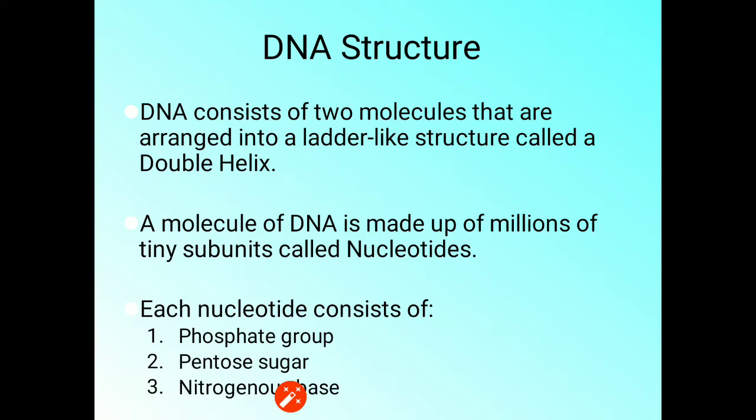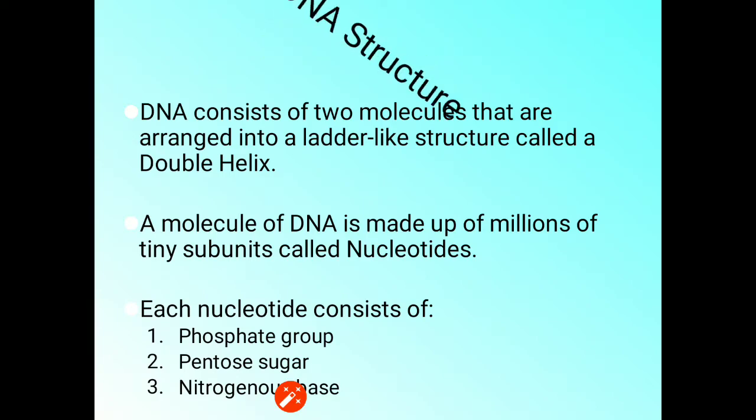Each nucleotide consists of a phosphate group, pentose sugar, that is the deoxyribose sugar, and nitrogenous bases. Four nitrogenous bases are involved: thymine, cytosine, guanine, and adenine. Uracil is specific for RNA.